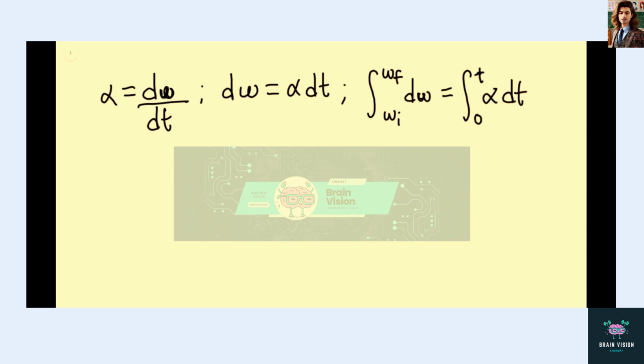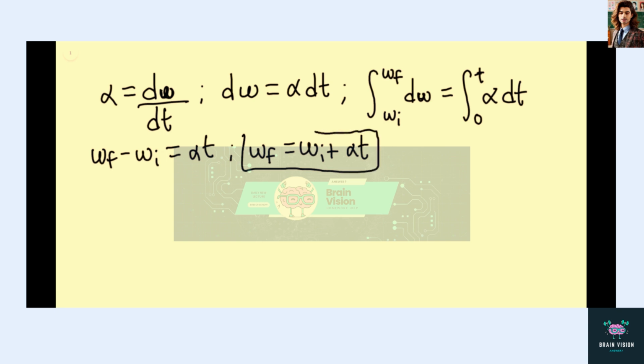At this point, we can solve, and so this will become omega final minus omega initial, which will equal alpha t. Solving for omega final, this would simply be equal to omega initial plus alpha t. So that's how we derive this equation.